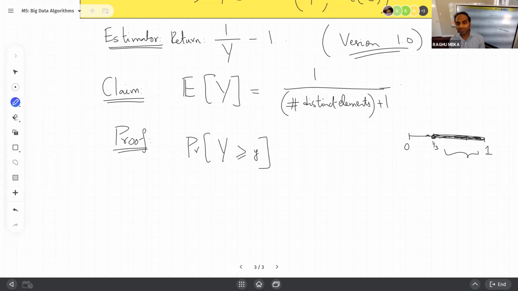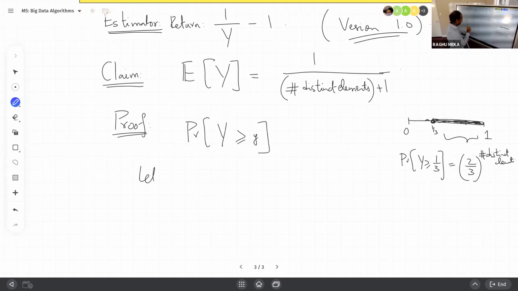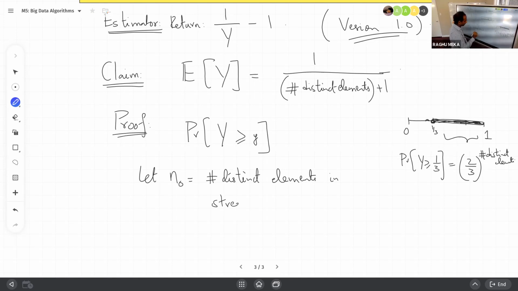And each one happens with probability 2/3, right? So for example, the probability y is greater than or equal to 1/3 is exactly 2/3 raised to the number of distinct elements. Okay? So if I let n0 equal the number of distinct elements in the stream, then this is exactly (1 minus y) to the power n0.